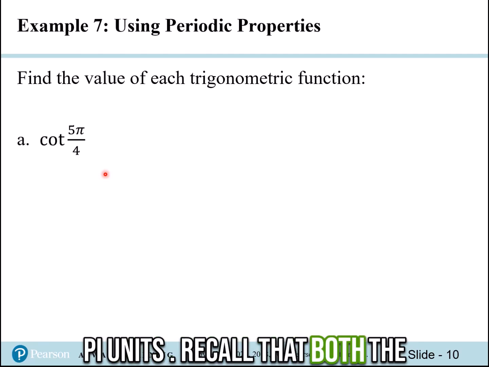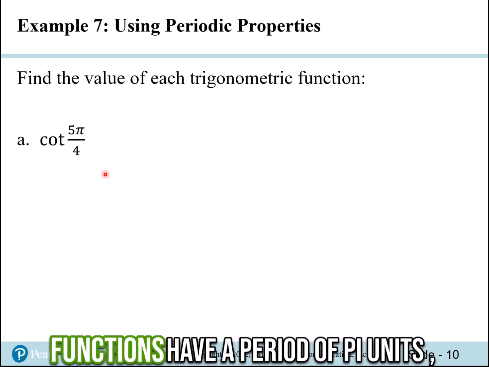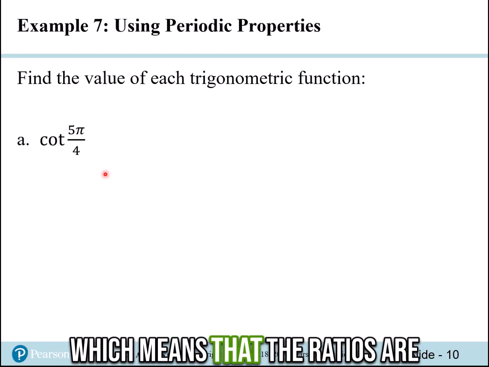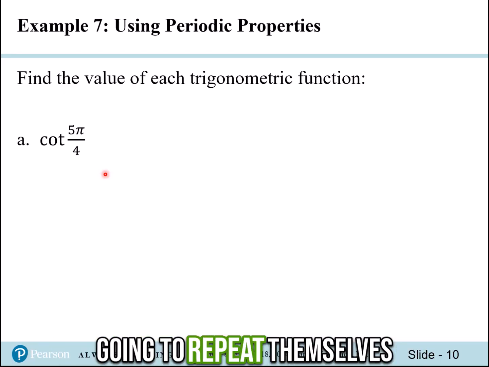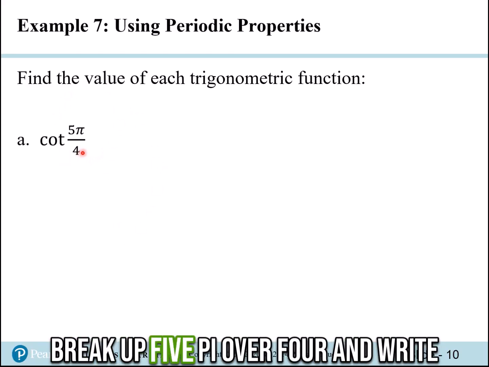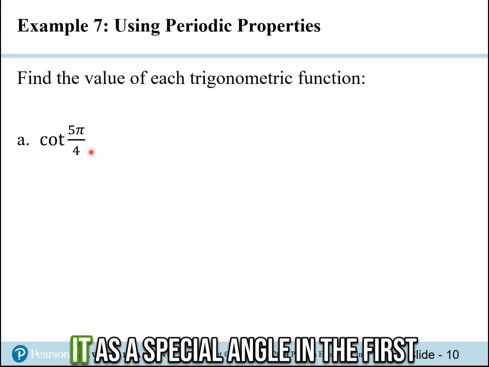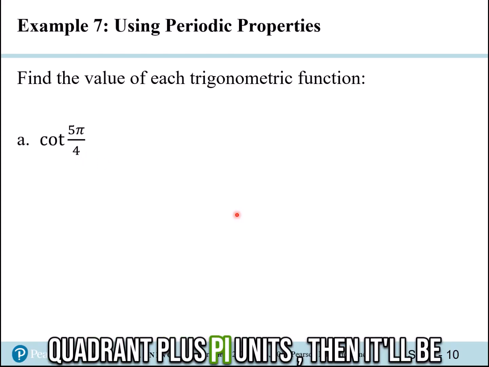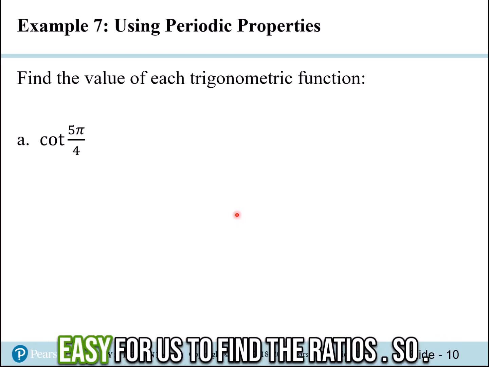Recall that both the tangent and the cotangent functions have a period of pi units, which means that the ratios are going to repeat themselves after every pi cycles. So if we can break up 5 pi over 4 and write it as a special angle in the first quadrant plus pi units, then it'll be easy for us to find the ratios.